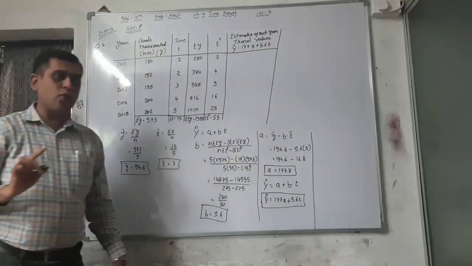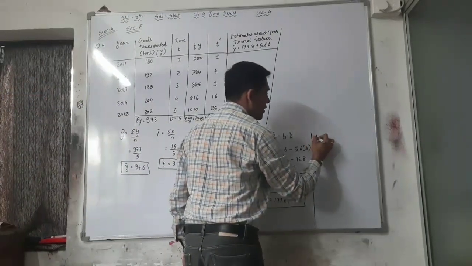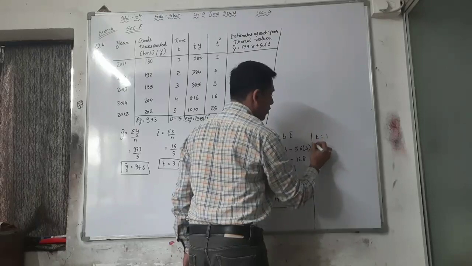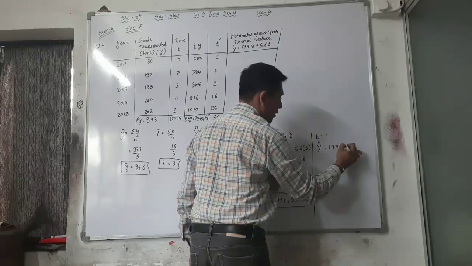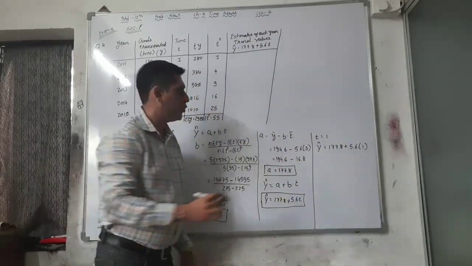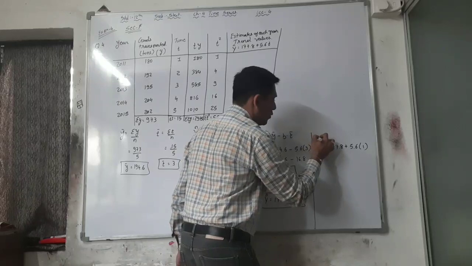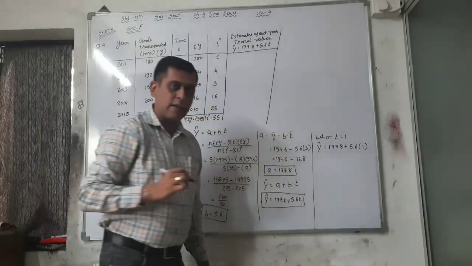Right? First of all, we have to find out first year estimate, that is year t is equal to 1. What is the y cap? When t is equal to 1, what is the y cap value?